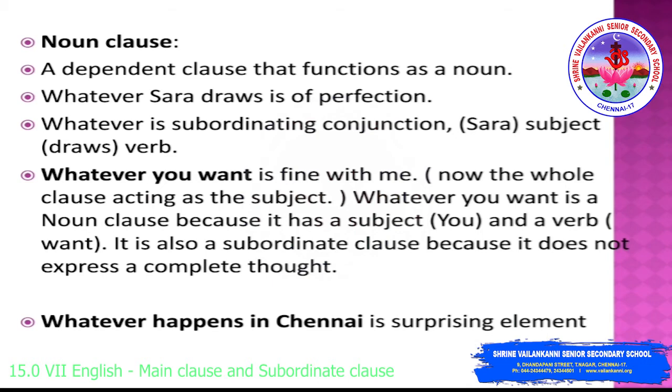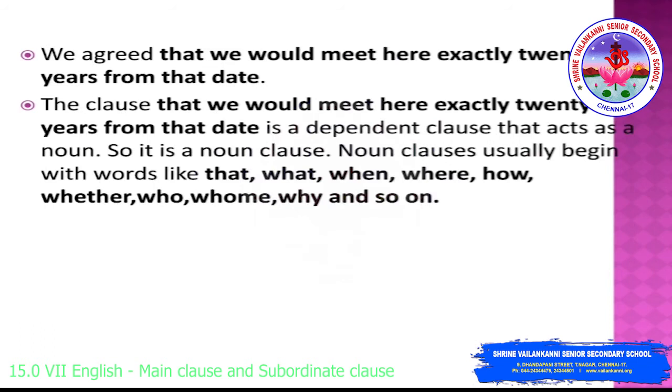The next one: We agreed that we would meet here exactly 20 years from that date. So the clause that we would meet here exactly 20 years from that date is a dependent clause that acts as a noun. The whole clause acts as a noun, so it is a noun clause.